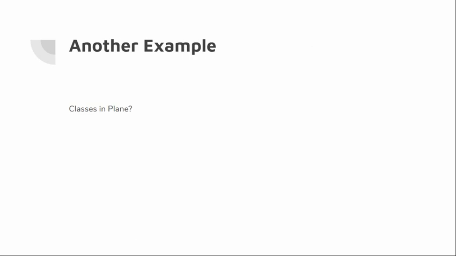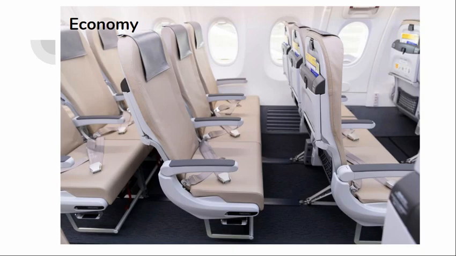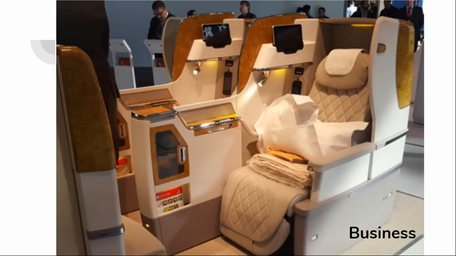So let's look at another example. Do you know how many classes there are in an aeroplane when you fly? Basically there is one called economy class. It has normal seats, and sometimes it doesn't have a screen to watch something. Another class could be the business class, where you have very luxurious seats and all these things.